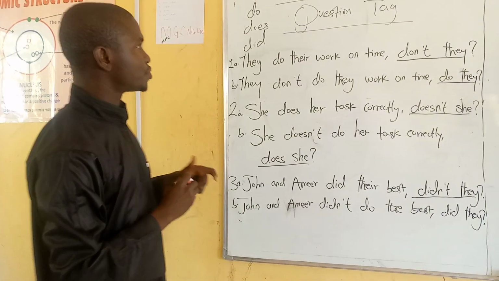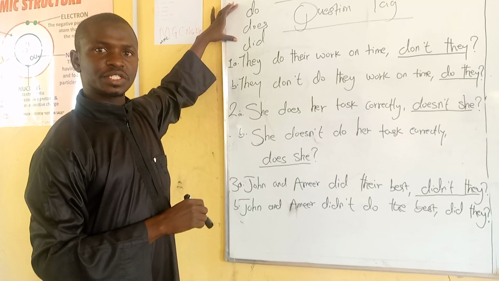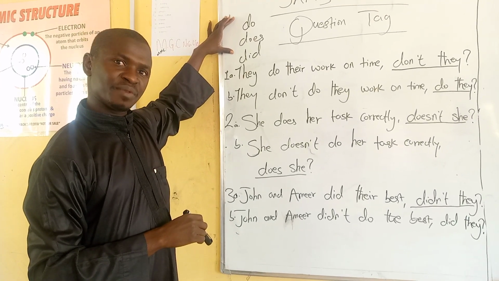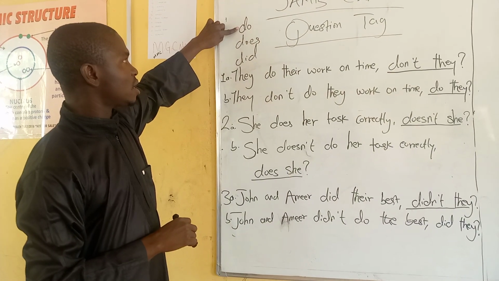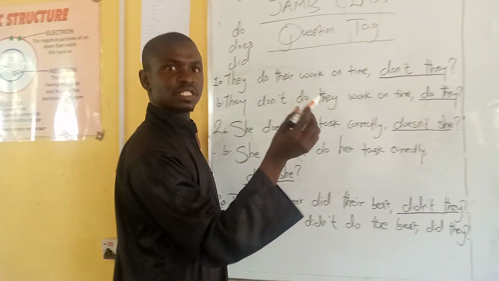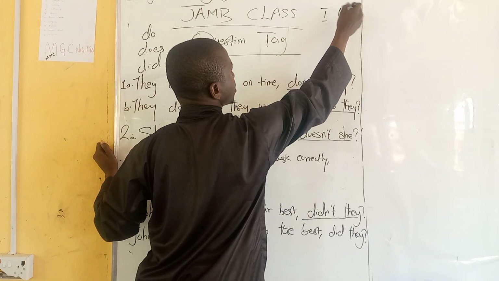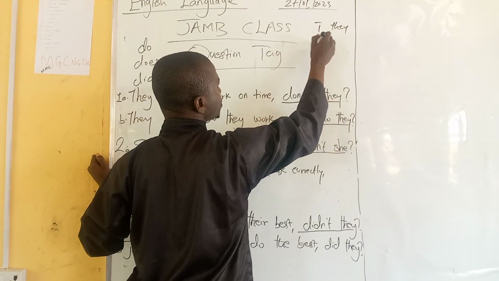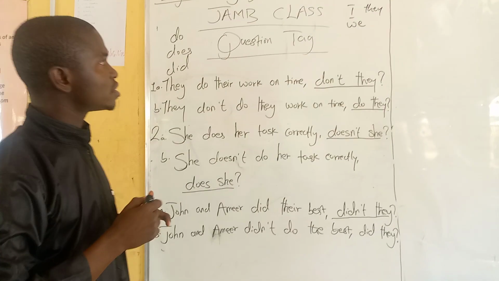Now, we need to know that there is a question of concord in this case. That's subject-verb agreement. We must know that. So this particular verb agrees with this subject: I, they, we, and then plural nouns.